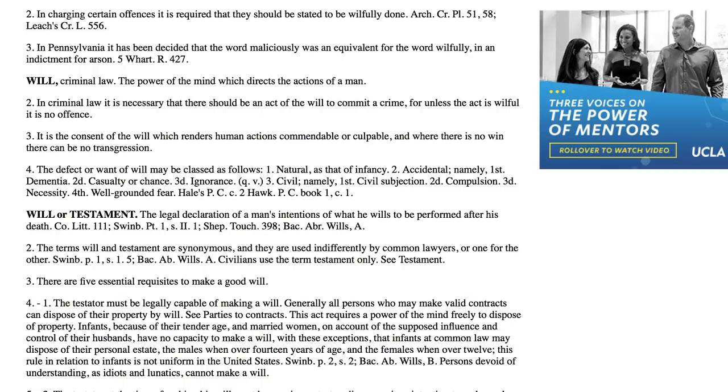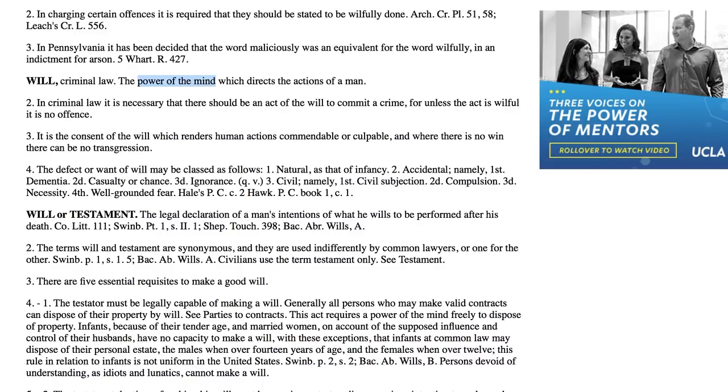In criminal law, it's the power of the mind which directs the actions of a man. Two things I want you to pay attention to: power of the mind, actions of the man. So this is the mind. In order to have a will, the will is the power of the mind, or the expression of the mind, if you look it up in other places.